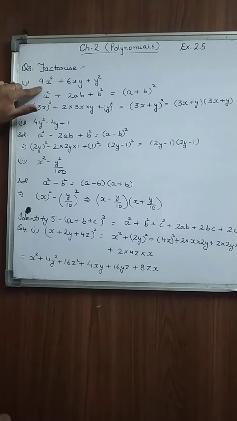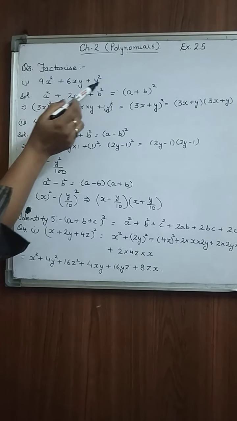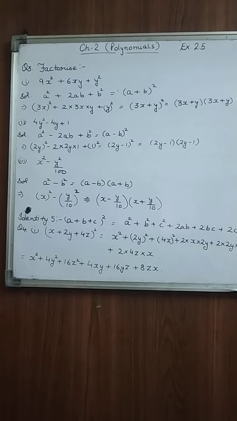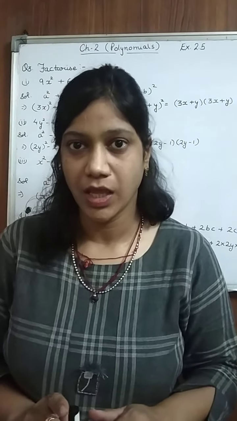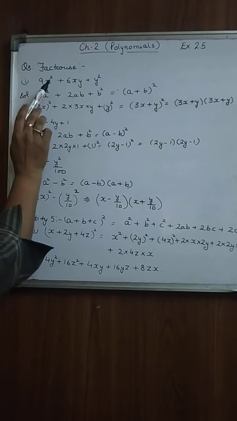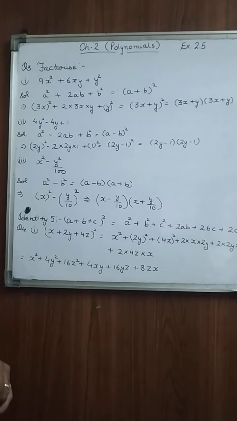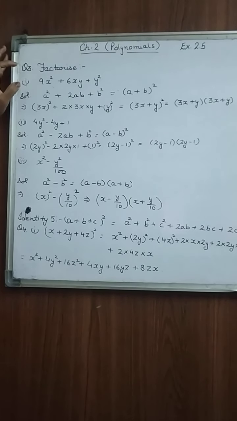It's here 9x square plus 6xy plus y square. It looks like the splitting middle term of a quadratic equation also, but there is a difference. In a quadratic equation you always have only one variable, but here you can see you have two variables, x and y. So here we have to check whether we can apply any identity.